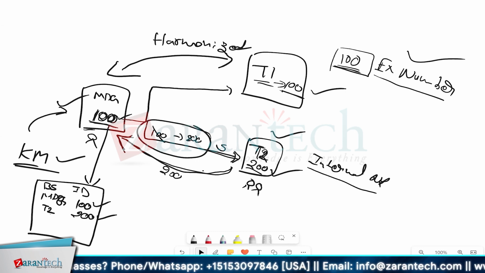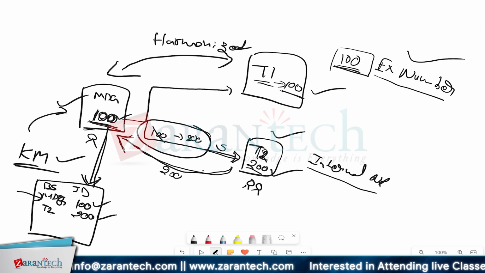Okay, so that's what I'm trying to say here. During your update scenario, because key mapping is already enabled, the system will have a look into your key mapping table. For material 100, the system will look up whether there is any key maintained for the T2 target system. This is one set.